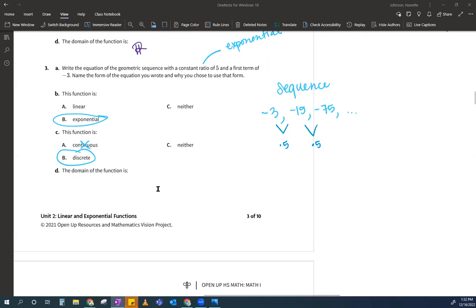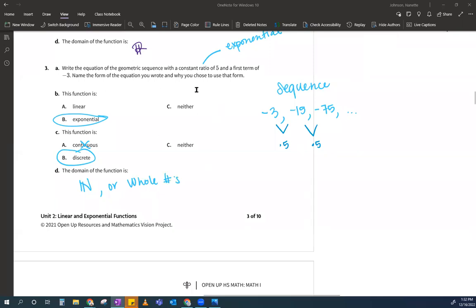So we can call these natural numbers, we can call these whole numbers, but because we started with the first term, I am going to use... actually, I'm just going to be honest with you, if you wrote whole numbers here, or if you wrote natural numbers, both are correct. So far so good.